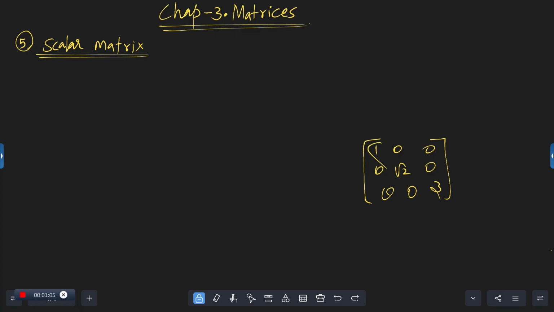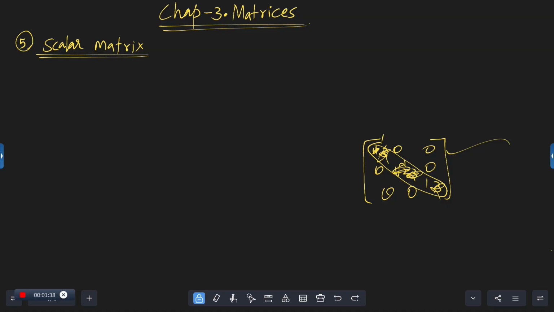The diagonal entries are not the same here. Suppose they are the same, instead of 1, root 2 and 3. Then this is called a scalar matrix. If the diagonal elements are all equal to 1, then it is called a unit matrix.